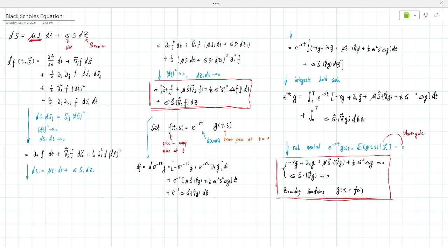We start with a general function of time and S, where S is a multi-dimensional vector that can be expressed as, say, a stock price.